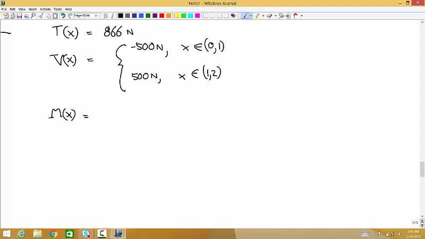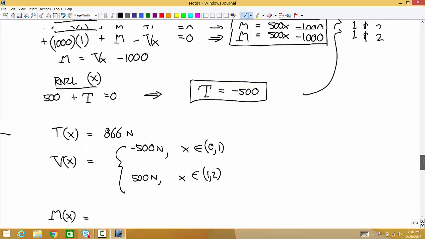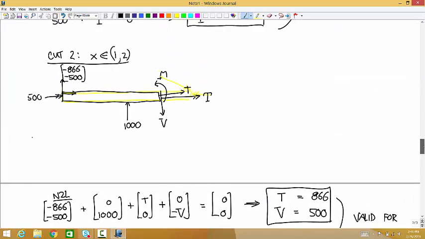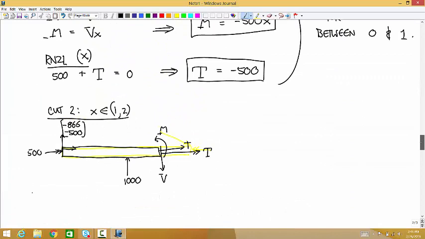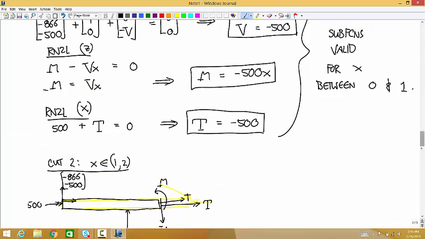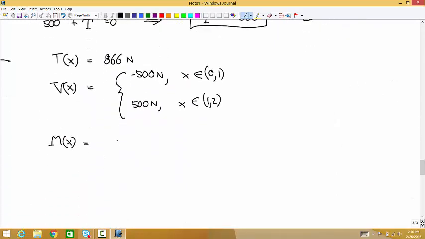So Mx over the first half of the beam is, what was it? Negative 500x. And then over the second half of the beam, it's 500x, is it minus 1,000?